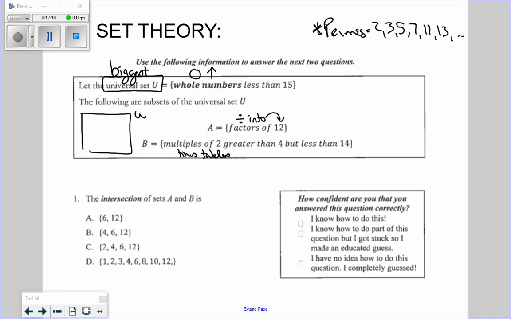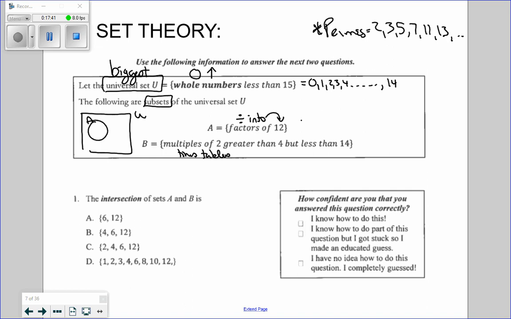So whole numbers less than 15 would be 0, 1, 2, 3, 4, all the way up to 14, not including 15, because it says less than 15, not equal to 15. The following are subsets of the universal set. Subset means that they're inside this thing. Like A and B, I don't know if there's overlap or what, but they're inside it.